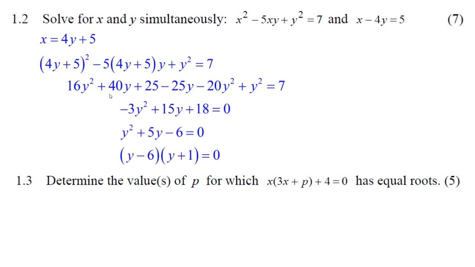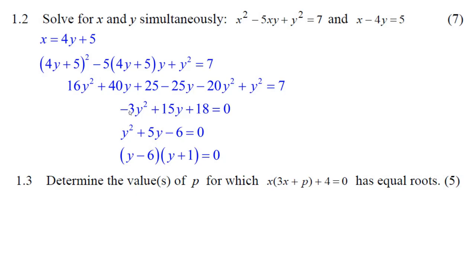Now all you do is put some of these things together. The y squared: 16 minus 20 is minus 4, plus 1, that's minus 3y squared. 40 minus 25 is 15y, and 25 take away 7 is 18. But this negative, you don't like that negative. Let's divide everything by negative 3 because it goes into all of these things.